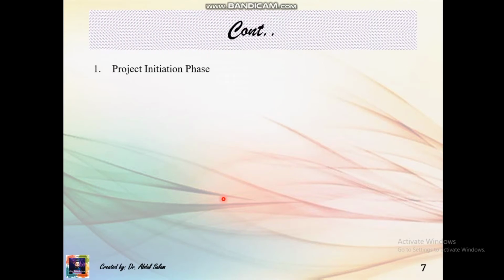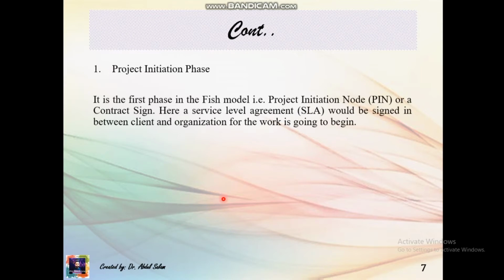The first one is the project initiation phase. It is the first phase in the fish model, that is project initiation. Here a service level agreement, SLA, would be signed between the client and the organization before the work begins.